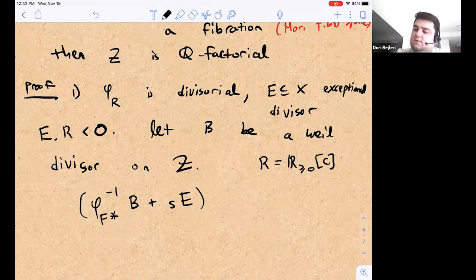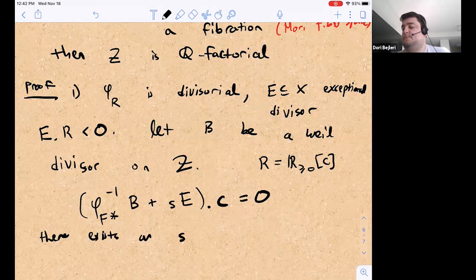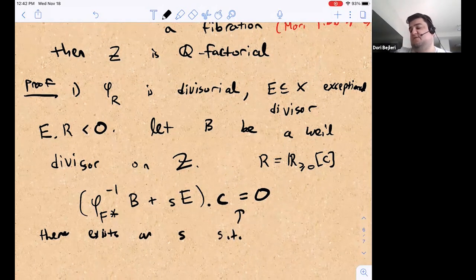So we know that the strict transform of B dot C will be some number, we know that E dot C is not 0. So we can pick an S so that this dot C is 0. But then this phi F lower star inverse B plus SE, whatever it is, is Q-Cartier because X is Q-factorial.